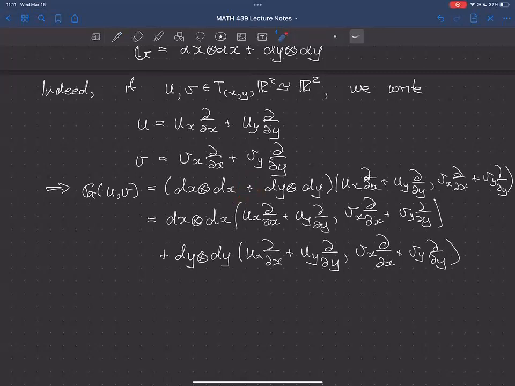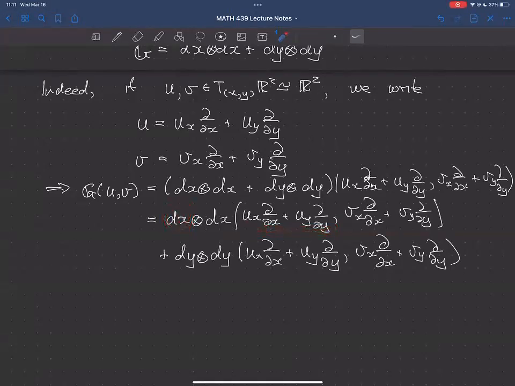Now let's look at the definition of dx tensor dx. Remember what this tensor symbol means: when I give it two arguments, like I'm doing here, I give the first argument to the first of these things, and then I give the second argument to the second. Let's think a minute before we write. If I go dx acting on that, what am I going to get? I'm going to get dx acting on this one plus dx acting on this one.